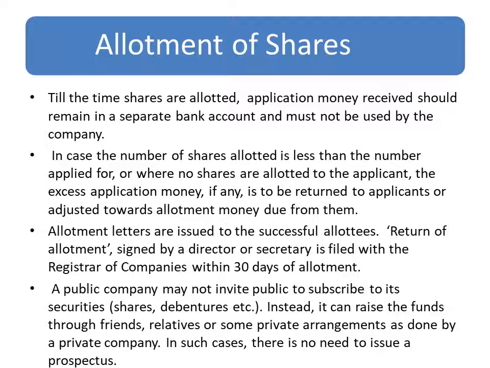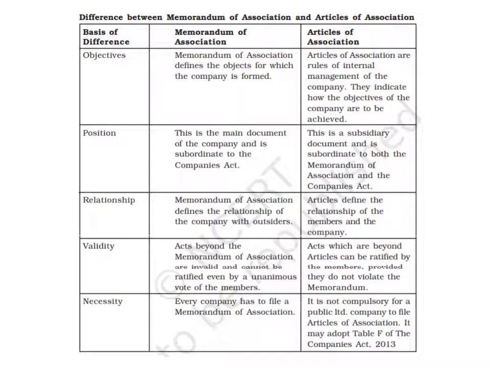So फिर all information will be submitted to the registrar of companies within 30 days of allotment. So in this way the public company can issue the shares to the general public. So it was all for the process of capital subscription.